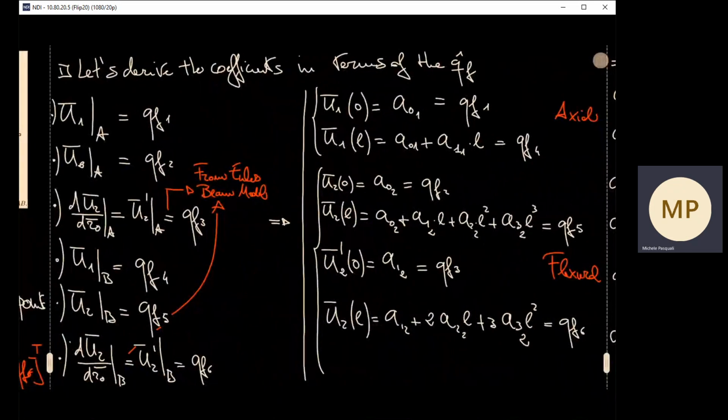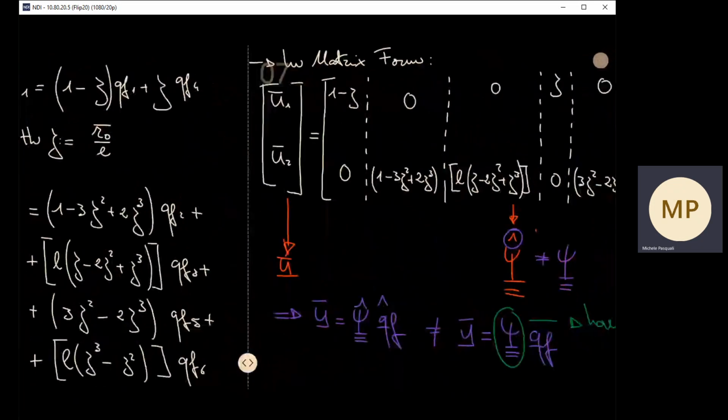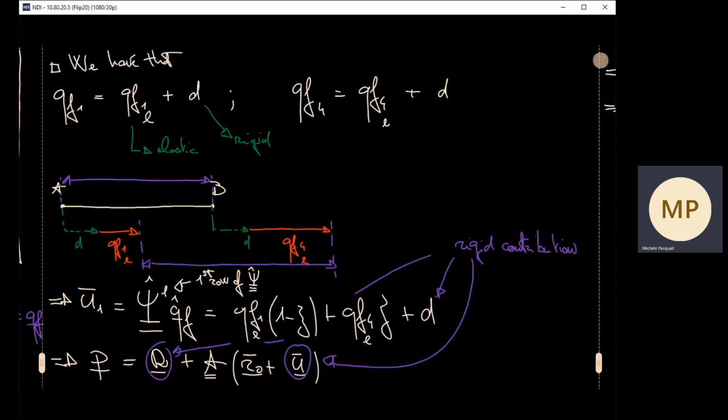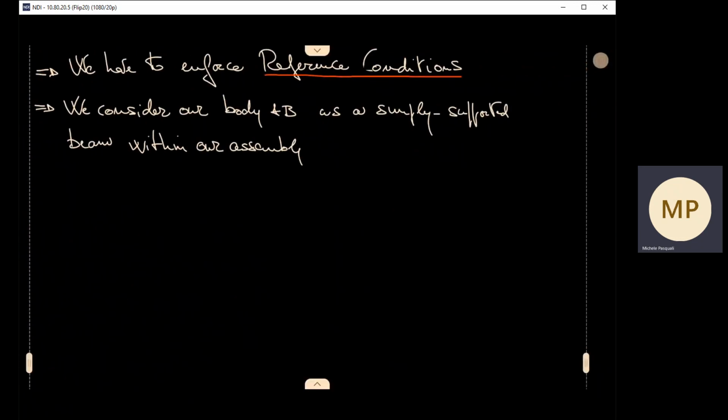So let's do it. Our body is not just a single body, is not alone in our system, in our space, but is part of a system of bodies which are linked one to the other. And this is what we are going to take into account now. So we can represent our body to be like this.